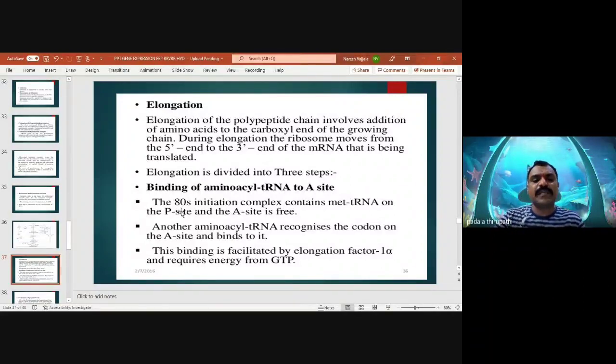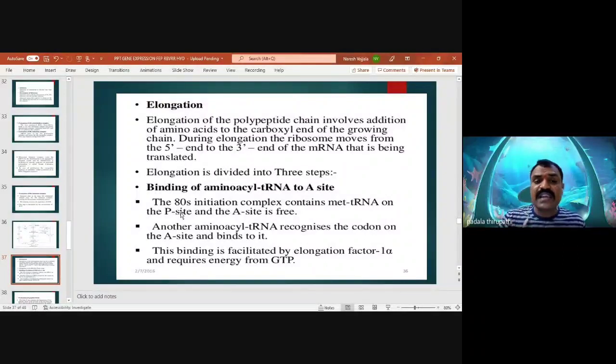The E site is the exit site, after elongation and termination. So these are the 4 binding sites we observe on the ribosome: 1 for mRNA and 3 for tRNA, labeled as A site, P site, and E site. Remember, A site, P site, and E site.